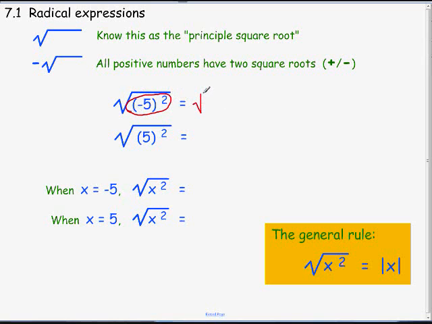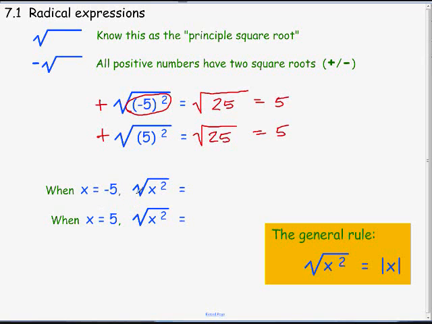So we've got the square root of -5 times -5, positive 25. And that, of course, would be 5. That's a positive here. And then the square root of 5 times 5, which is also equal to 5. It's a positive square root. This is a positive square root.